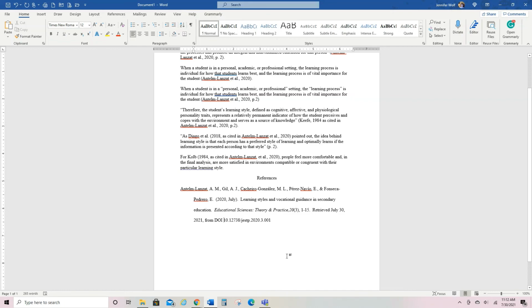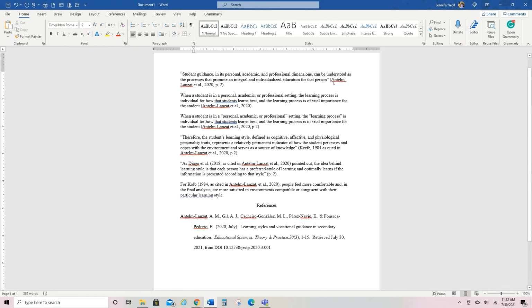So what we went over today is how to do an in-text citation for a quote, for a paraphrase, for a partial quote, and when our author references another author. We had a couple of examples of that.